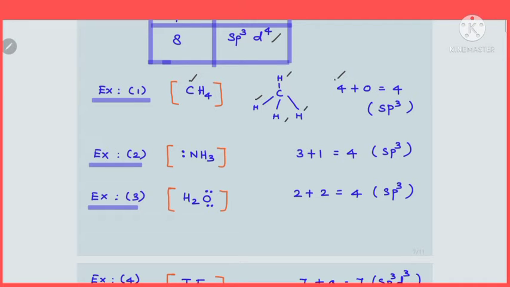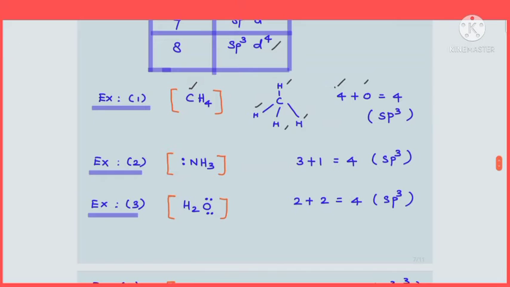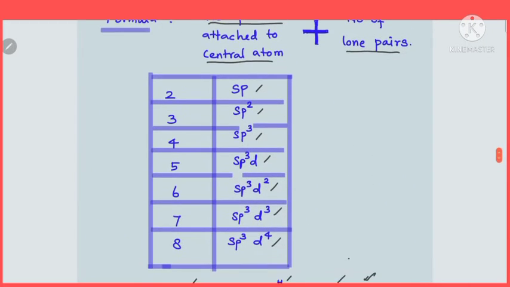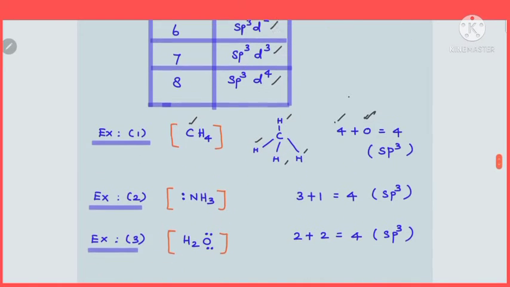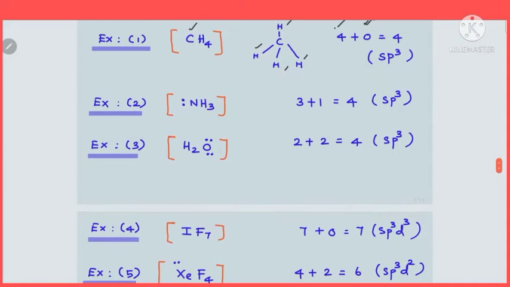The number of lone pairs is 0, because in methane the carbon has used all 4 of its valence electrons, so no electron is left unused and there is no lone pair at all. So 4 plus 0 is 4, and the hybridization is sp3. Methane carbon undergoes sp3 hybridization.